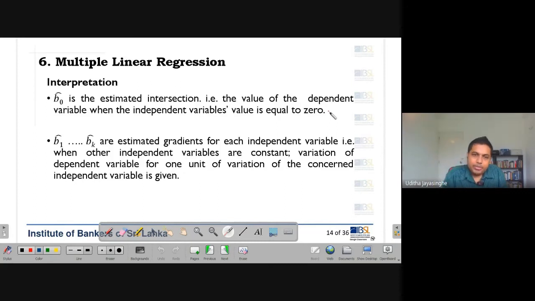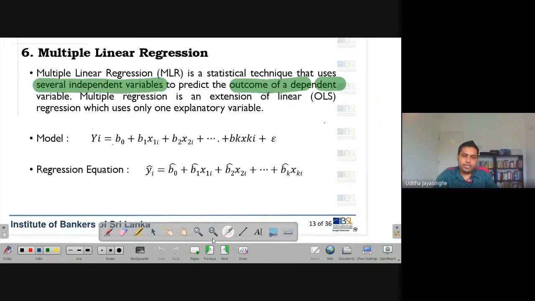When, let's say, you have multiple variables like x1, x2, likewise, and all these values are assigned a value equal to 0, in such a case, what's the value of y? That is b0. I take you back to the equation.